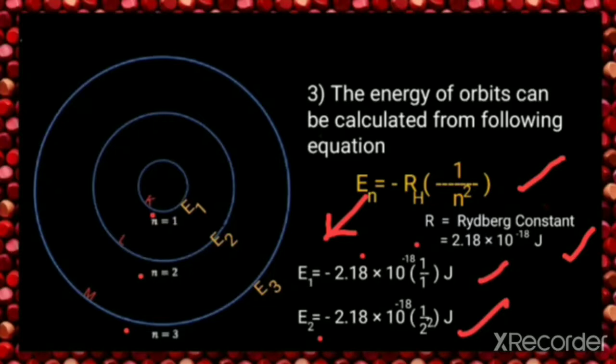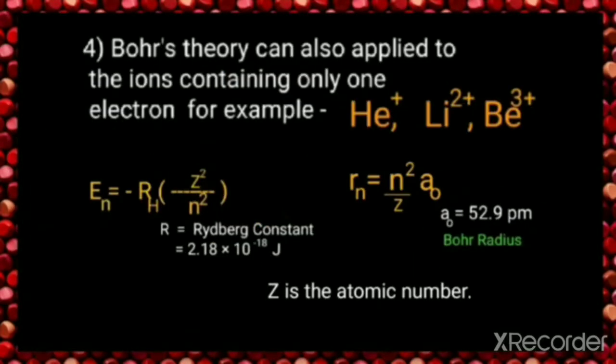So the Bohr model has given a formula for calculating the radius of the orbit and a formula for calculating the energy of the orbit. The Bohr model is also applicable to ions containing a single electron, for example helium ion, lithium ion, beryllium ion.